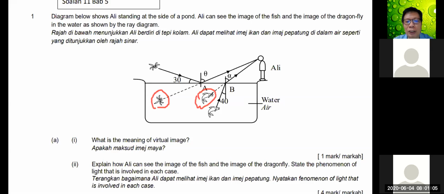That's why the image is here, and that's why he can see the image of the fish. Then for the dragonfly, he can see it because the light from the dragonfly hits the surface of the water and gets reflected into his eyes. When he sees in a straight line, then he can see the image.